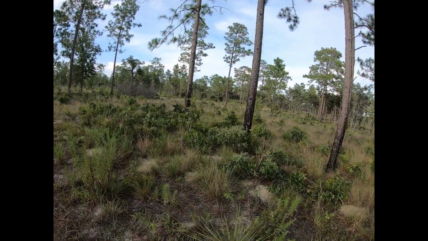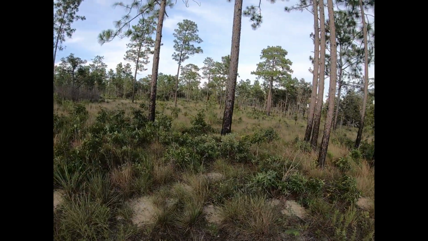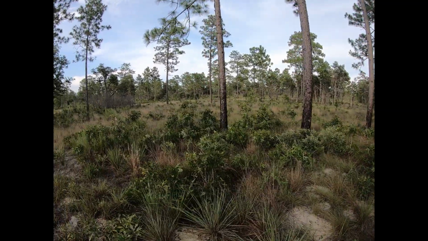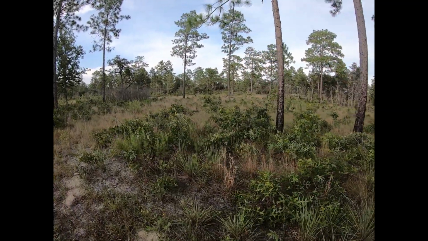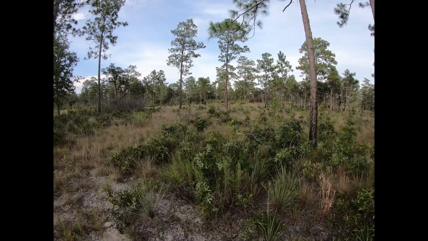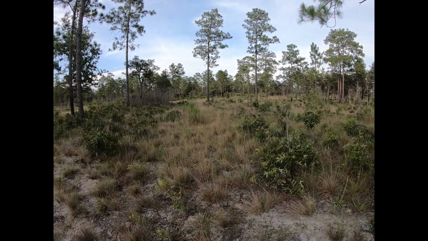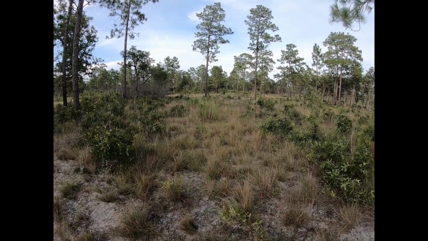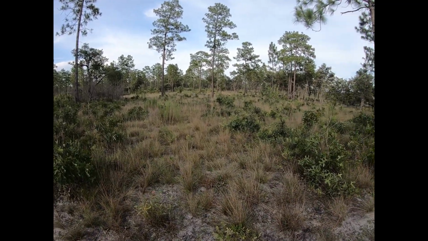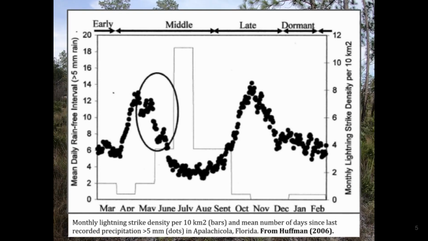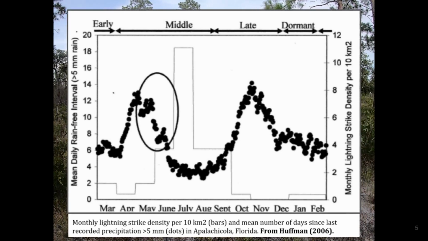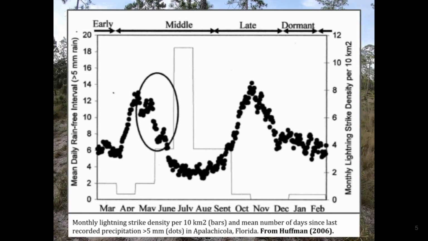And in the past, fires would have occurred during times that were really conducive for fires to spread. That would have been in the transition period between dry and wet seasons, which is when we see a lot of wildfires in Florida.